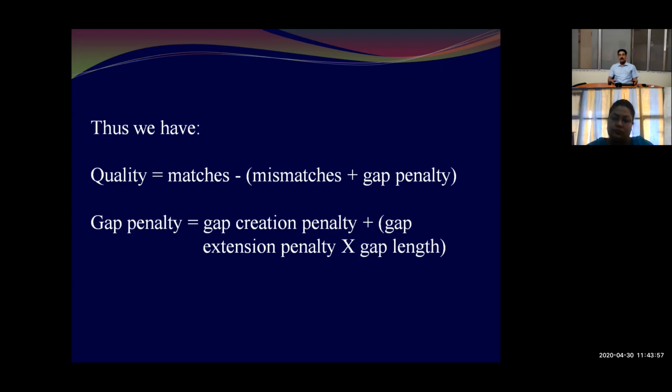There are some standard matrices already formulated by experts, and those standard matrices are used by default by most of the alignment tools used for sequence alignment. We shall discuss that further in the next class, how they are used and how they are useful.